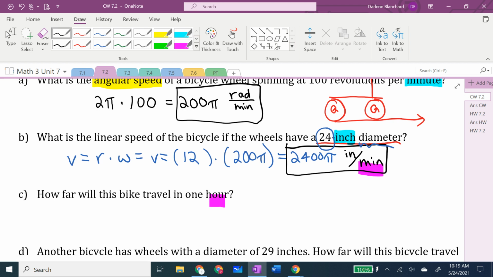So that means we are going to travel 2400 pi inches every minute for 60 minutes. And that gives us, what number does that give us? What is 2400 times 60 and then times pi?